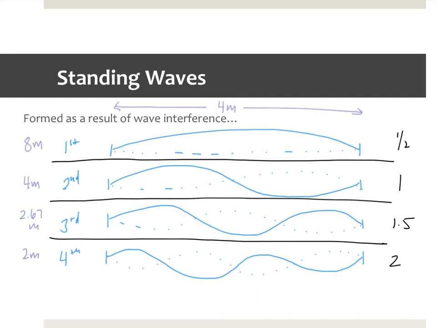Alright, now here is another important thing about standing waves. We have to label the parts of a standing wave. So there are two parts called the nodes and the antinodes. I'm going to circle for you where the nodes are, right here.